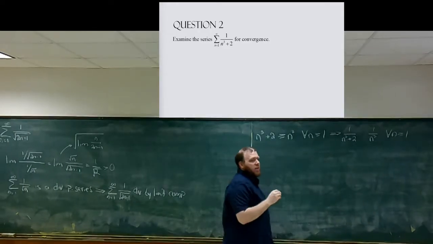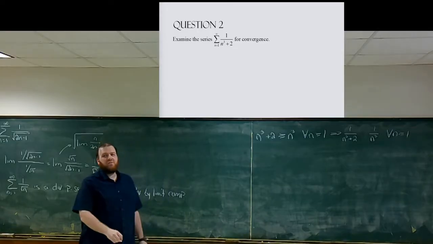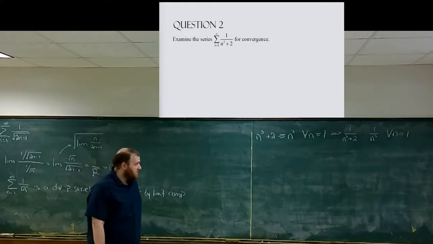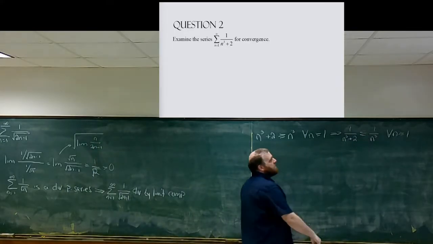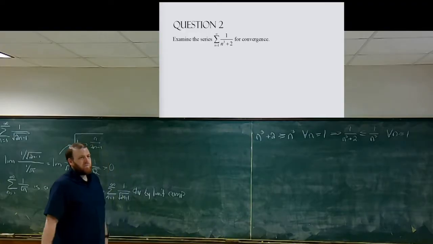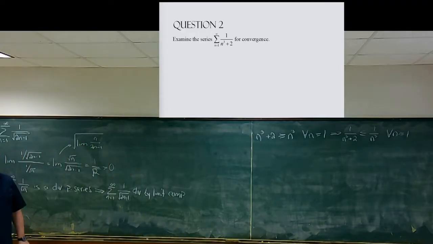What happens to an inequality when you take the reciprocal? It flips. I'm only using direct comparison here to show you how it works.